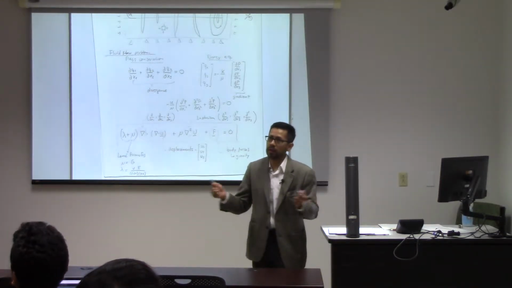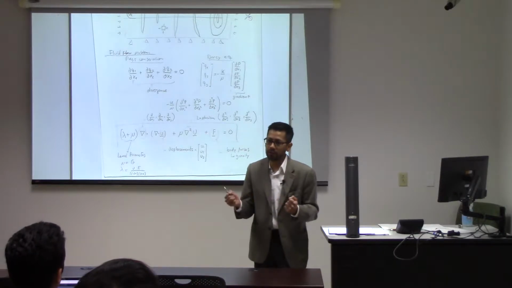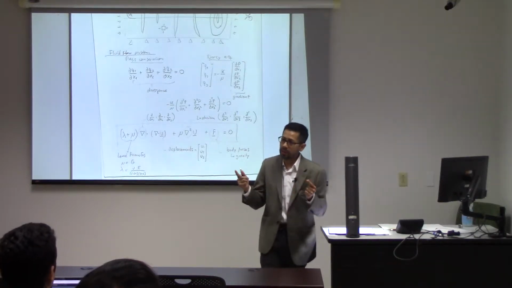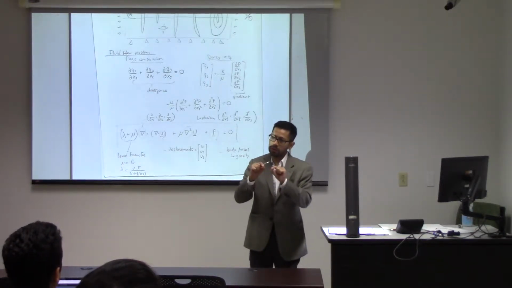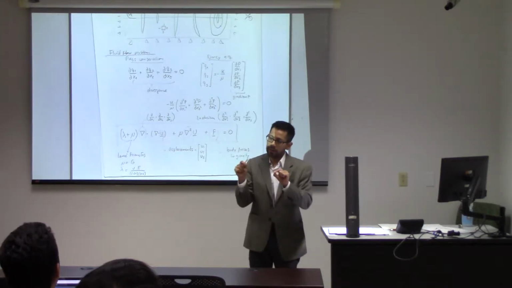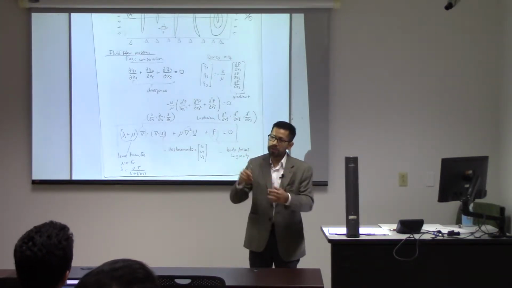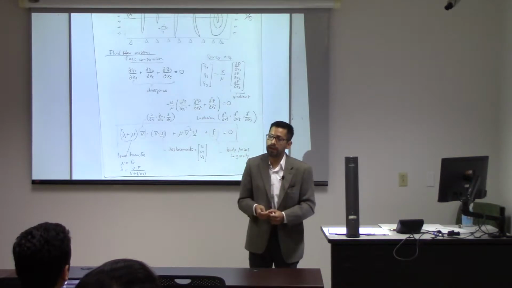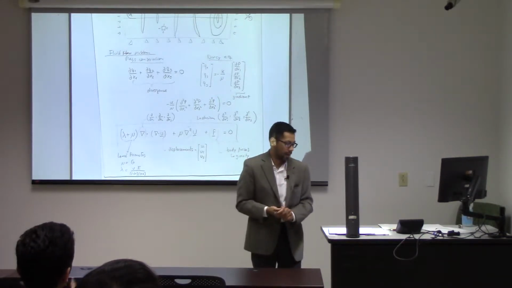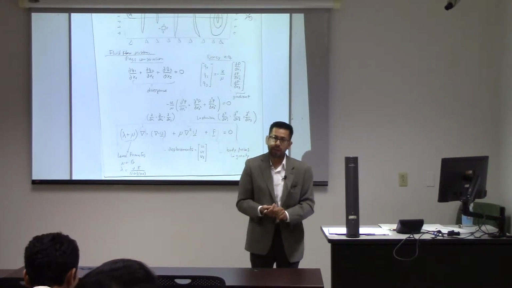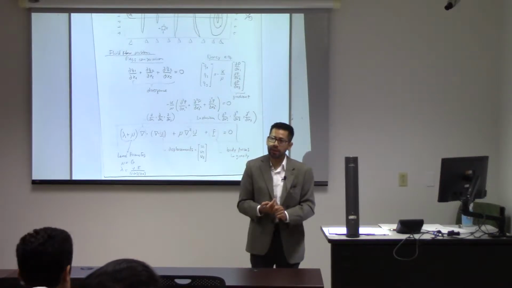Elastic means that there are always recoverable deformations. Linear means that there is a linear relationship between stress and strain. Isotropic means that the properties are the same in all directions. And that also implies that there is no plastic strain.